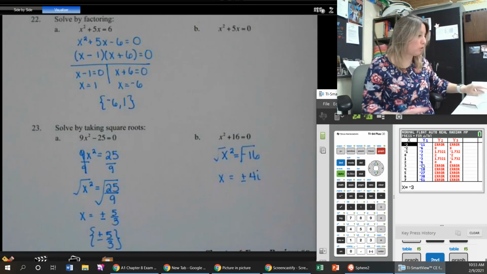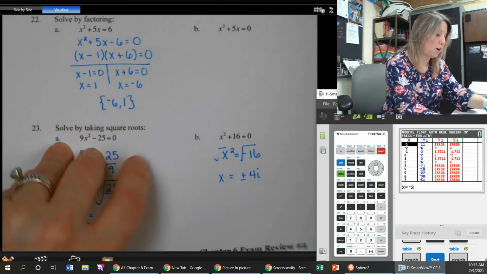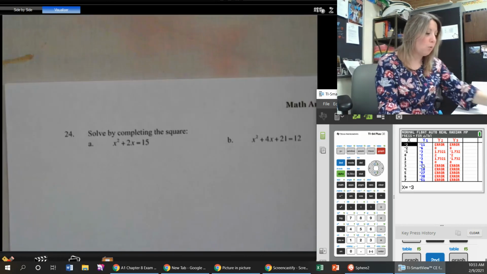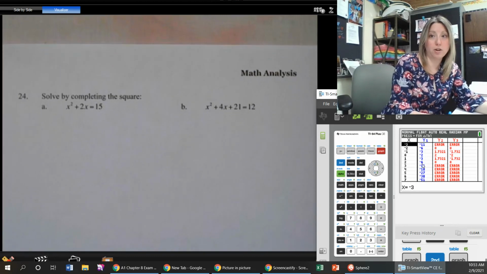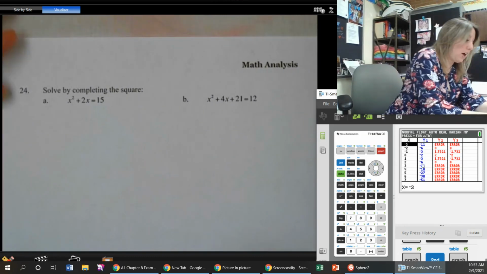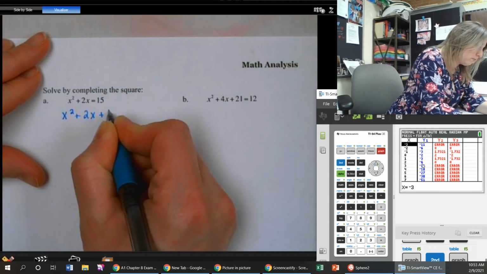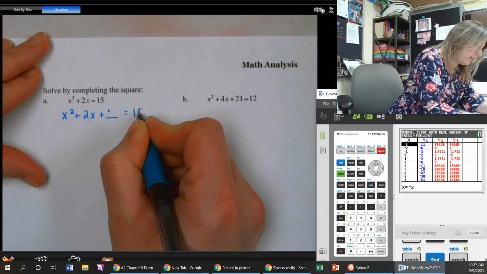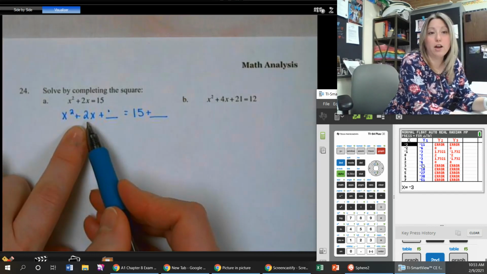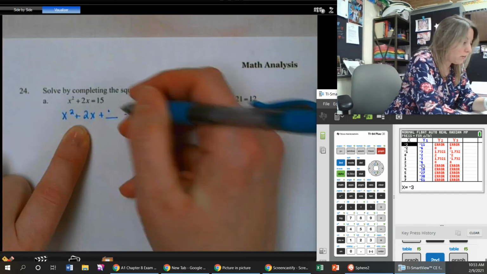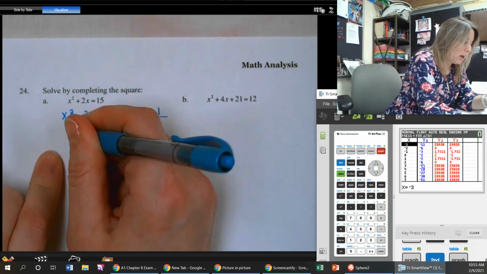Now, last but certainly not least is completing the square. When you complete the square, you want your x squared and your x term alone, and then you can add to both sides. Oops, I tried to do it already. And 2 divided by 2 is 1. 1 squared is 1. That's how I know what to add to both sides.